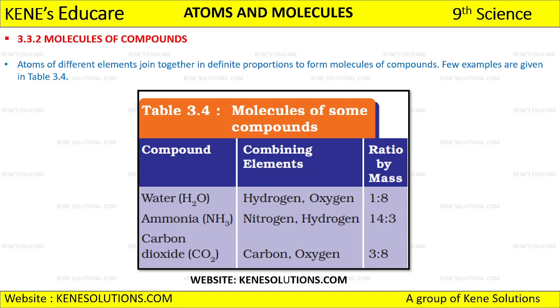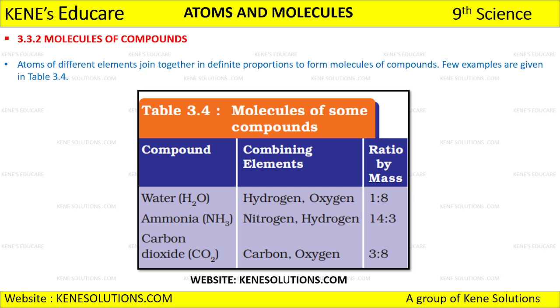After this, we discussed the molecules of compounds, right? Under this, we had different compounds along with the combining elements given in ratio by mass. When it comes to water, which we represent as H2O, the combining elements present are hydrogen and oxygen, and the ratio by mass is 1:8, right?